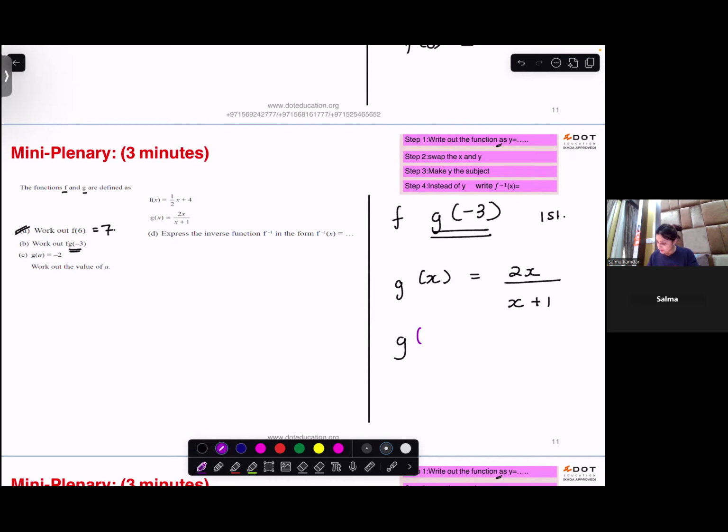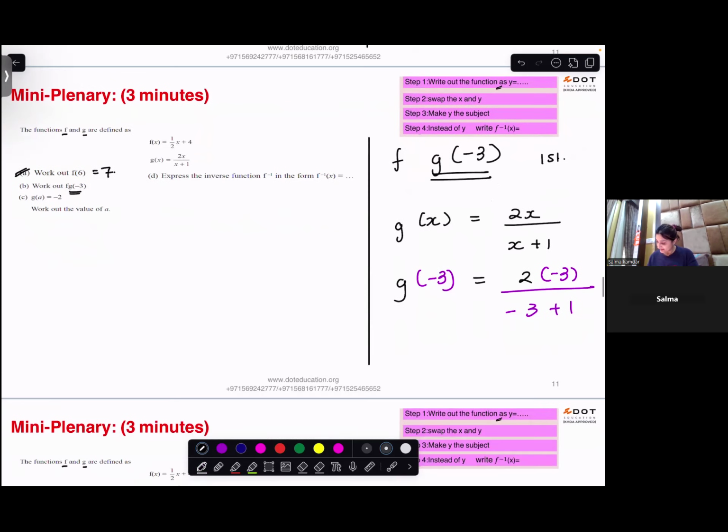Instead of x, I'm going to put minus 3. So this is going to become 2 times minus 3 over minus 3 plus 1. So this is minus 6 over minus 2 and it becomes 3. You can definitely use your calculator. Okay, so g of minus 3 is 3. This is your first step.